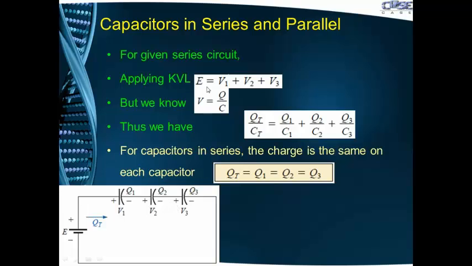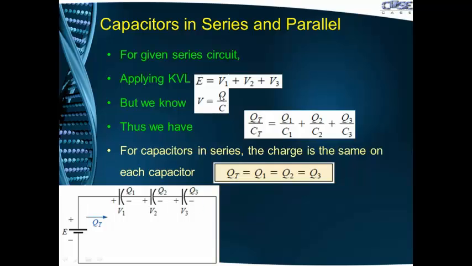So E is equal to V1 plus V2 plus V3, but we know that for a capacitor Q is equal to CV and V is equal to Q by C. Thus we have, where Q is the total charge and E is the applied voltage, and CT would be the total capacitance of the series capacitors.